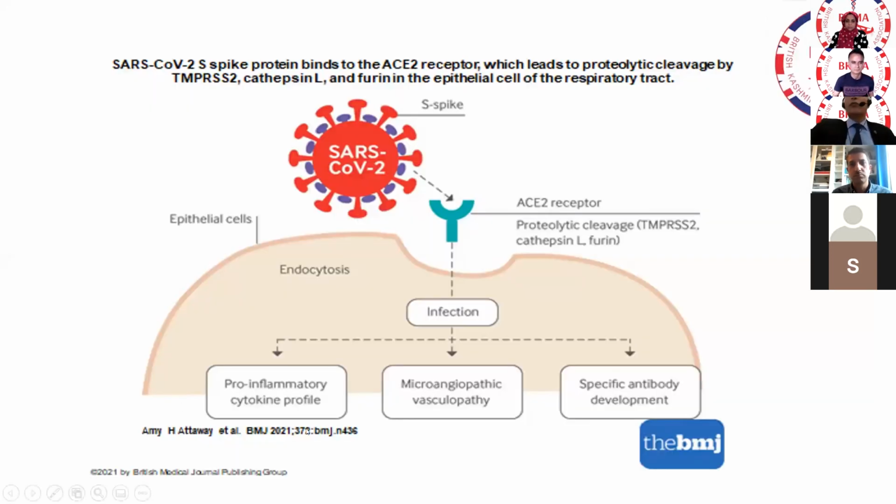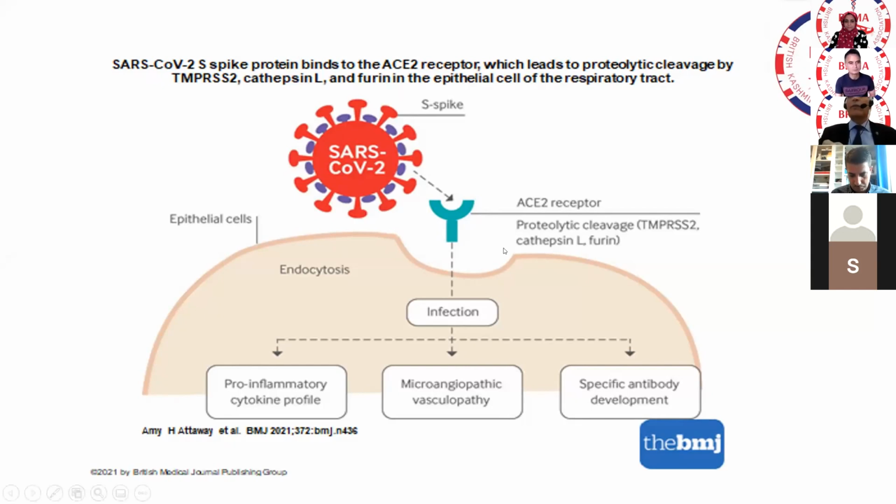Just to recap what happens when we get infected with this virus, as we know, it has a particular predilection for the ACE2 receptor, which is expressed by both the epithelial and the endothelial cells in the pulmonary epithelium.